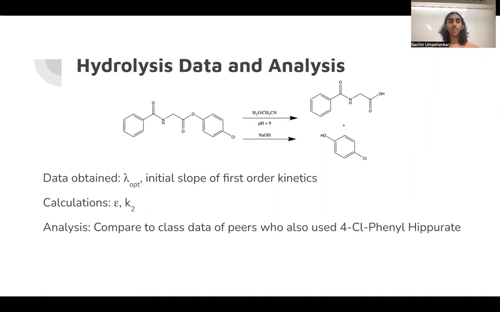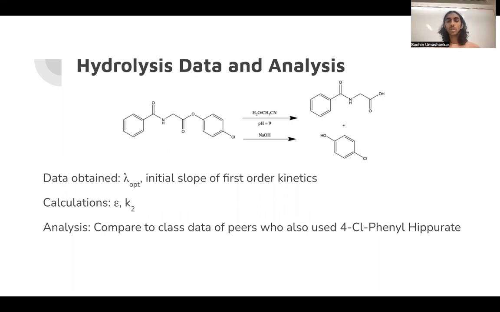And then we found, again from the machine, the initial slope of our first order kinetics. Using those, we were able to calculate the molar absorptivity and our rate of reaction. This was then compared to our peers who synthesized the same compound, using the same substituent.